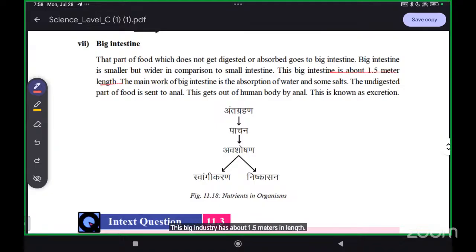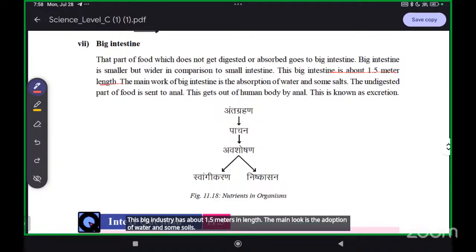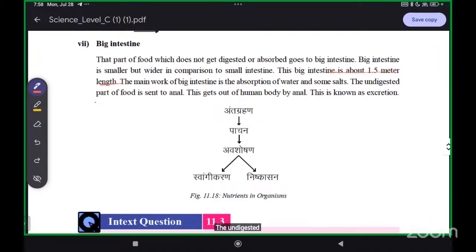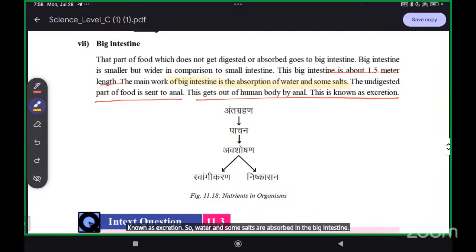The main work is the absorption of water and some salts. The undigested part of food is sent to the anus, and this gets out of the human body, known as excretion. So water and some salts are absorbed in the big intestine. Main absorption takes place in the small intestine, okay?